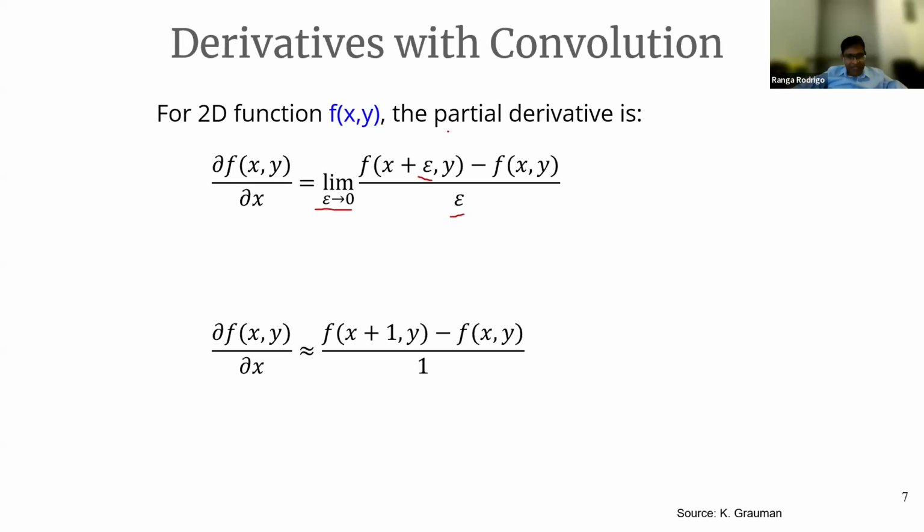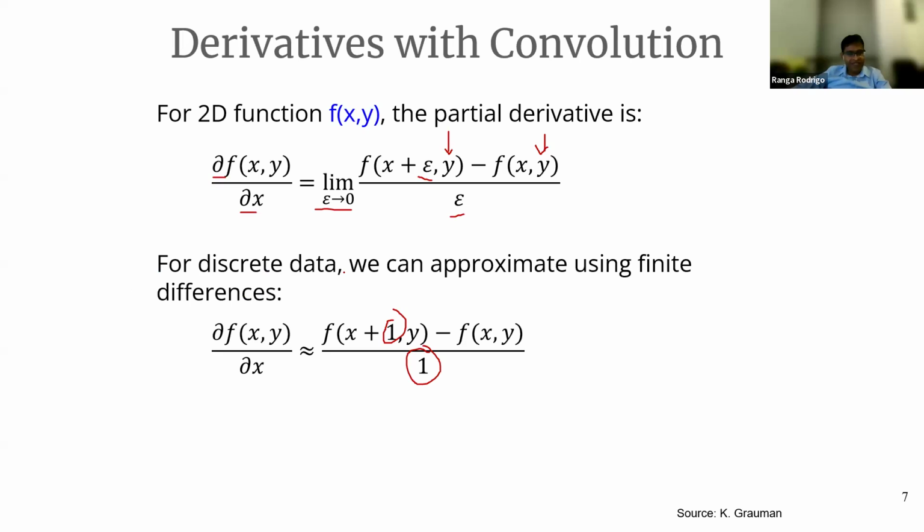But remember, these are two-dimensional functions, so y stays constant. Because y stays constant, we call it a partial derivative, the partial derivative with respect to x. Because we cannot set epsilon very small, you set it to 1 in images. You cannot set it to something lower than that.